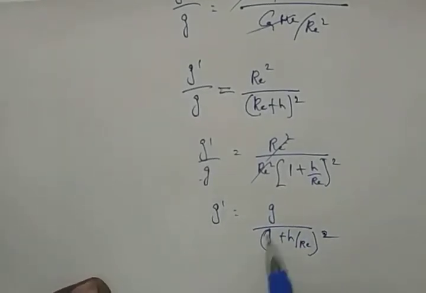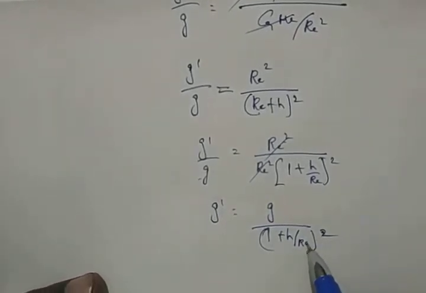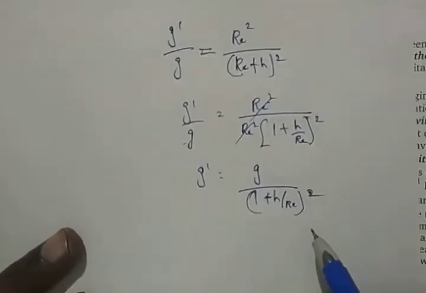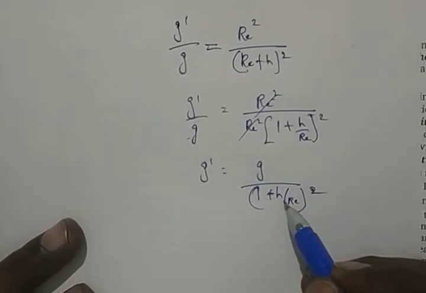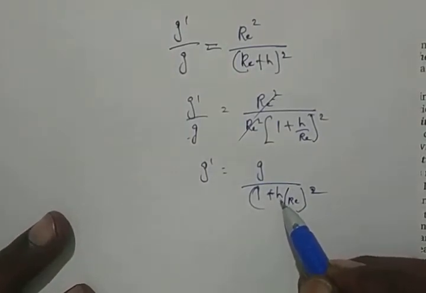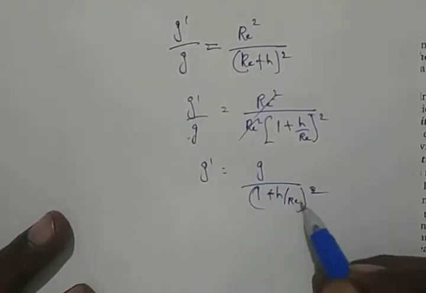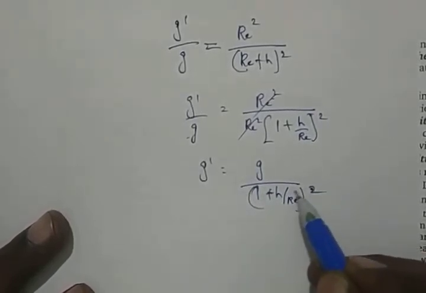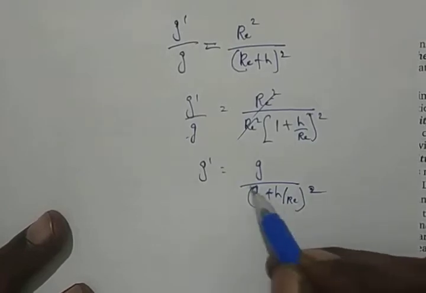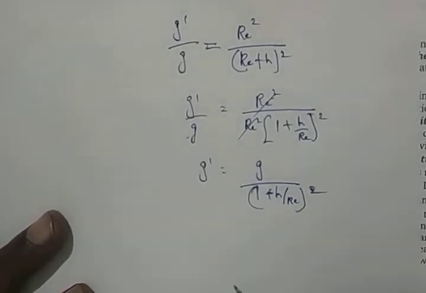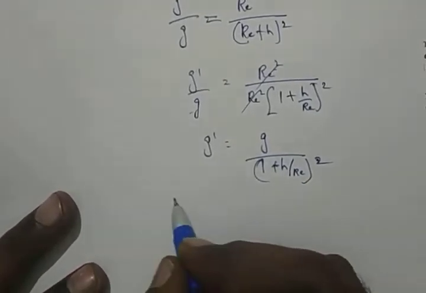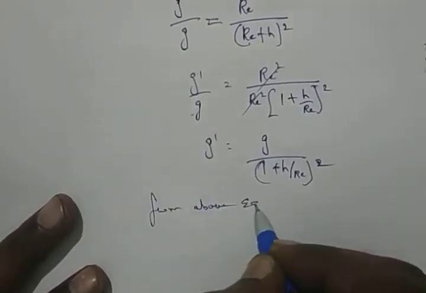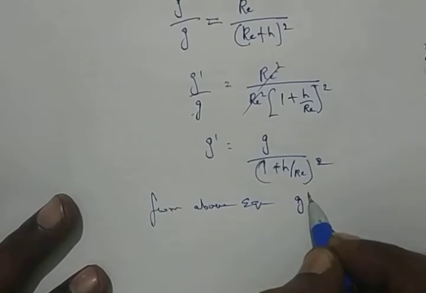Now if you look at this whole value here, it will have its own behavior because of the height here. Because of the height, this will be increasing. This entire thing will increase because as height increases, this whole thing will increase. Because this whole thing increases, this will decrease. So from the above equation, G dash, which is bigger?